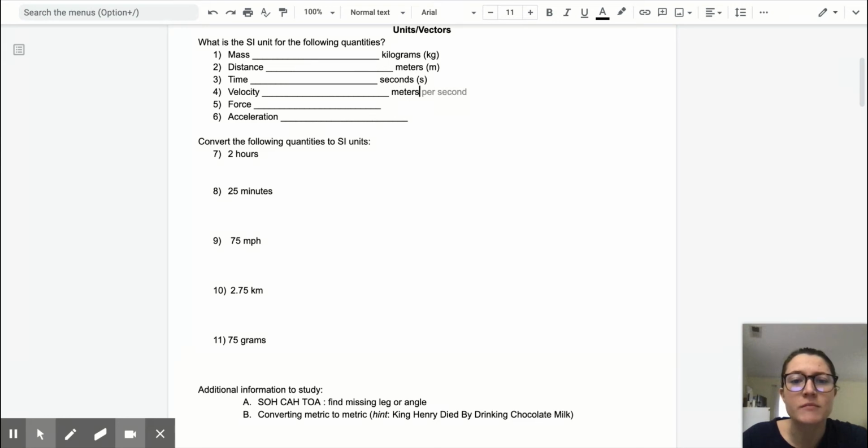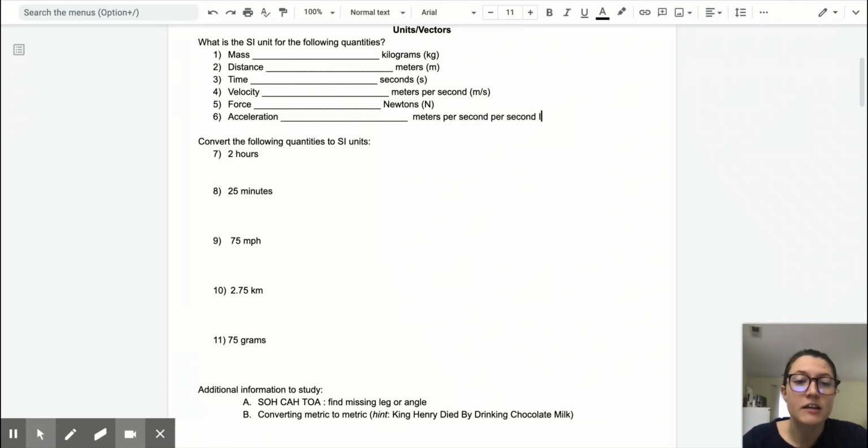Velocity, we measure in meters per second, which is lowercase m slash, or divided by, s. Okay, force we measure in newtons, named after Isaac Newton, and the variable we use to represent that unit is a capital N. Acceleration we know is the rate of change of velocity, so the units for acceleration would be meters per second per second.